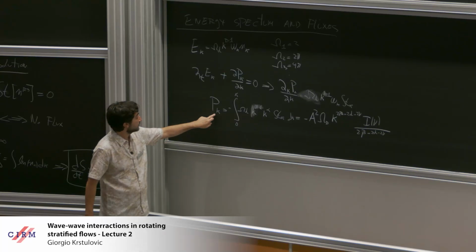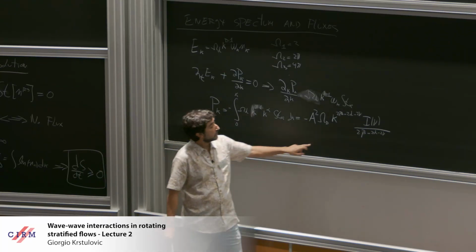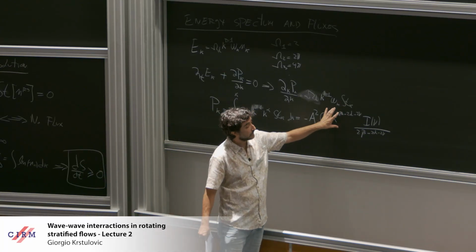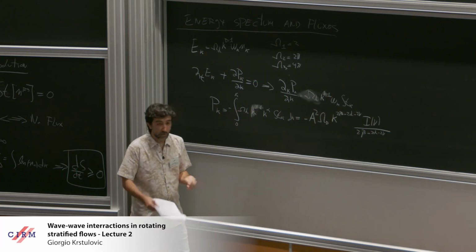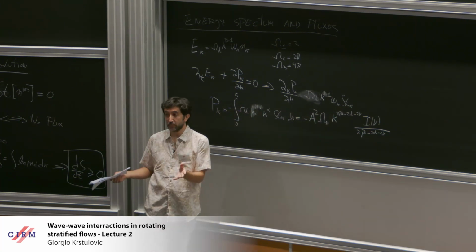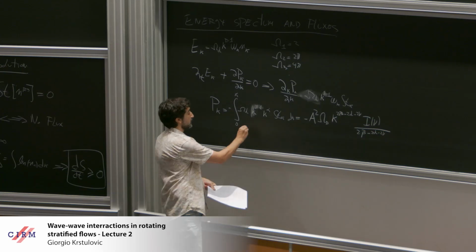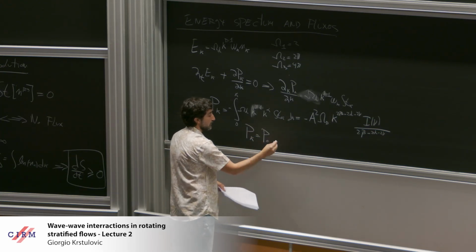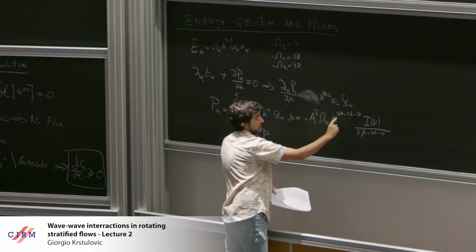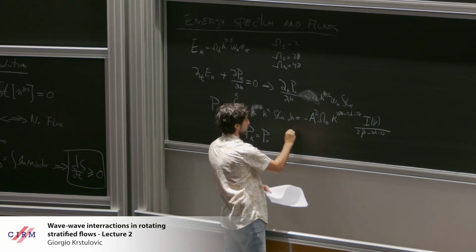So the flux at the scale k is given by this power times this function. Now I'm just looking for, let's say, a candidate for the solution. If I want my flux P of k to be constant, what I could do is just take this power to be 0.